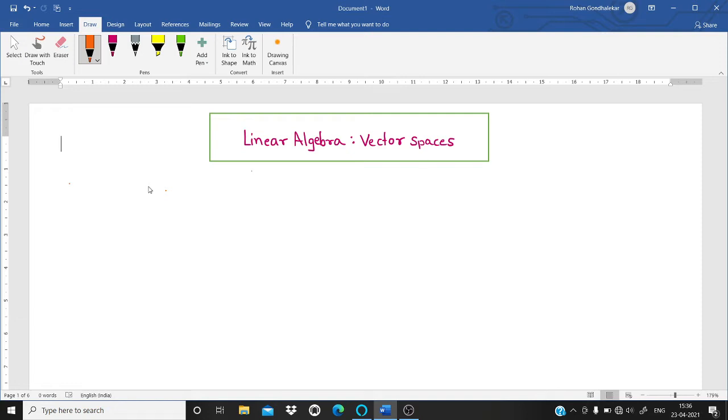So the first point is, what is meant by a vector, or say what is a vector? It is basically a quantity which has magnitude and direction.